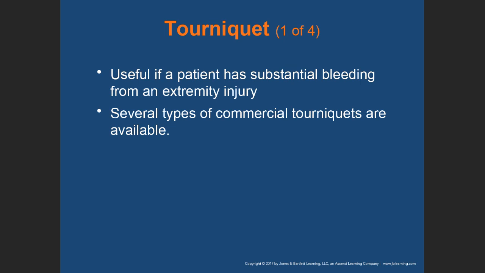So if they have been pinned down for 4 hours, they are at risk for crush syndrome. What is going to happen is all of the tissue that has been crushed during that time frame is now dead tissue and it becomes toxic.